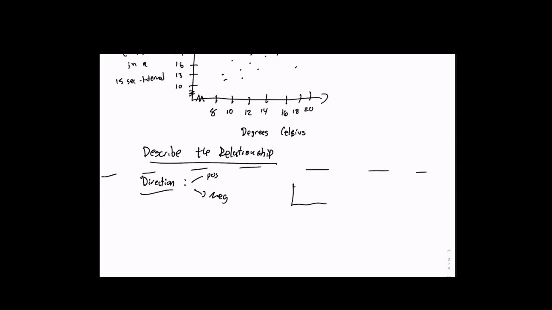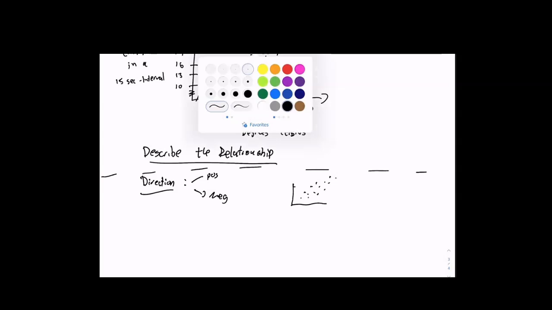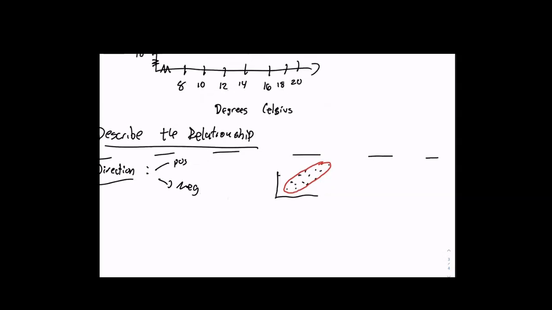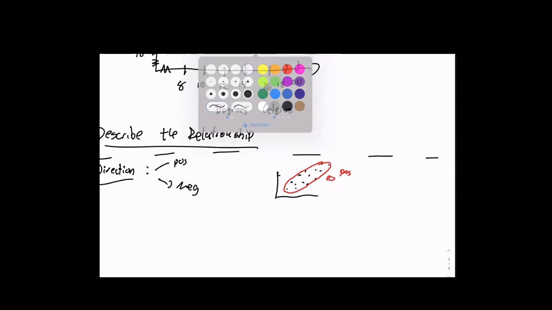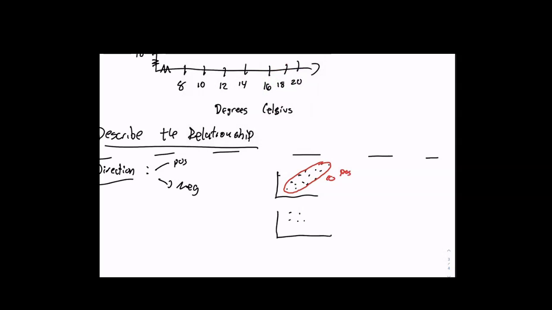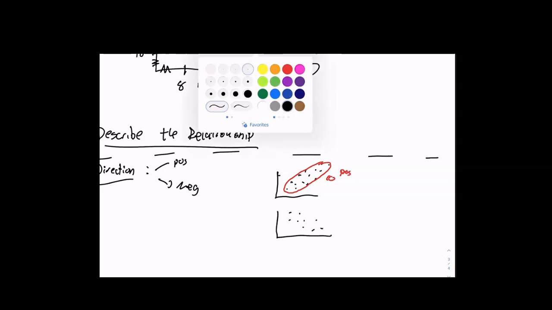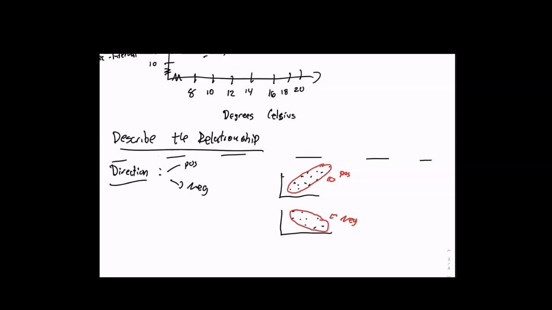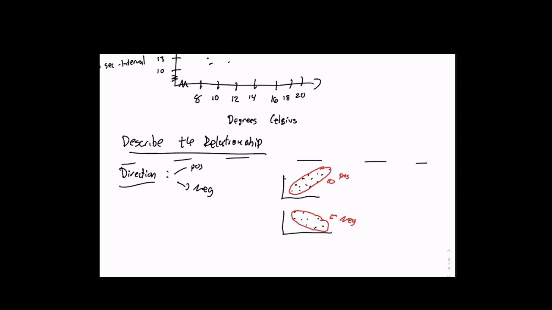So if the scatter plot goes up, and what I like to do is draw this little cloud, this cluster of data, you can see the cluster is going up, and so we would say that this is a positive direction, versus if the cluster of points goes down, this would have a negative relationship. So this has a positive relationship or a negative relationship when we're talking about the direction.